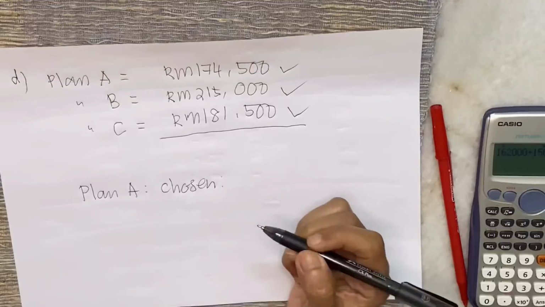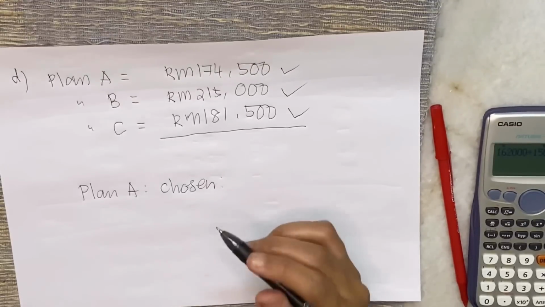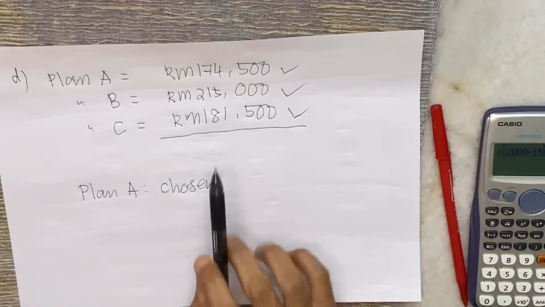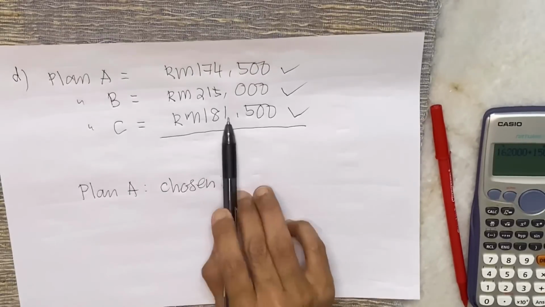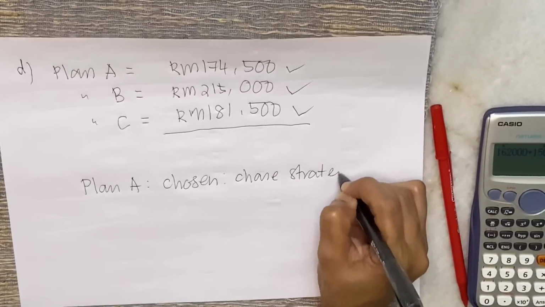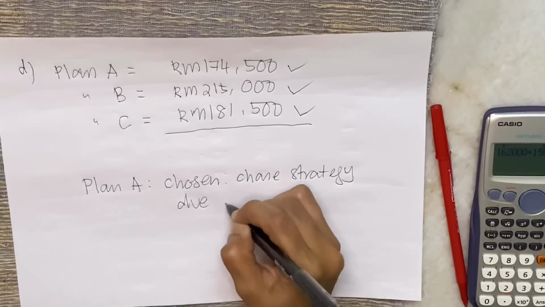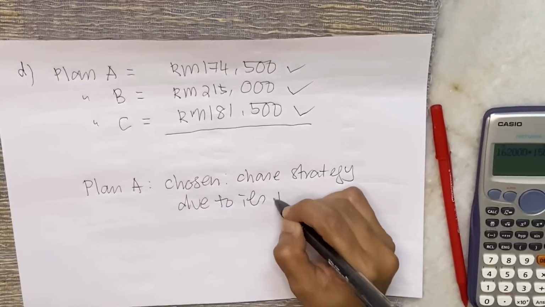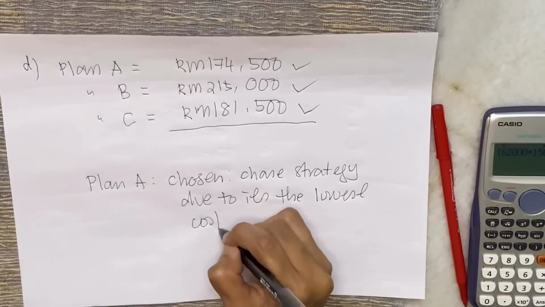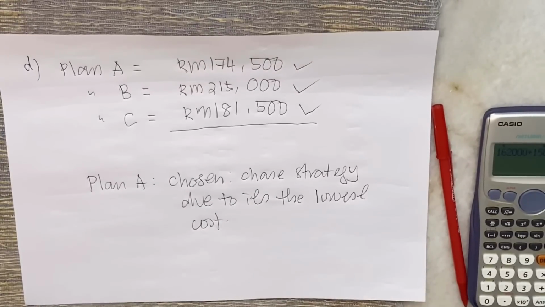Plan A or chase strategy is going to be chosen due to its lowest cost as compared to the plan B and plan C. Alright, so chase strategy is going to be utilized due to its lowest cost. Alright, that's it for the strategies in aggregate planning.